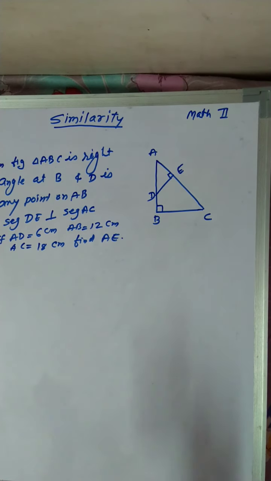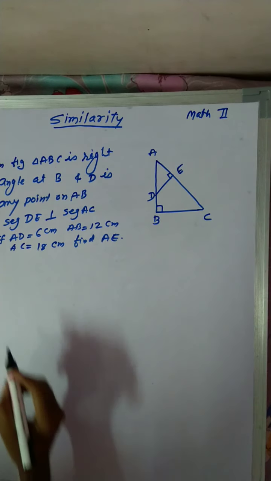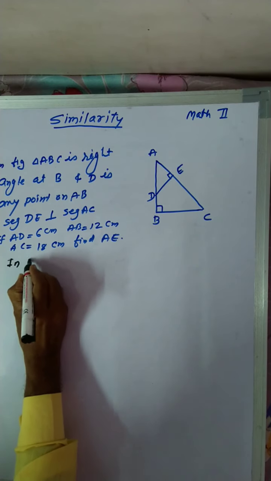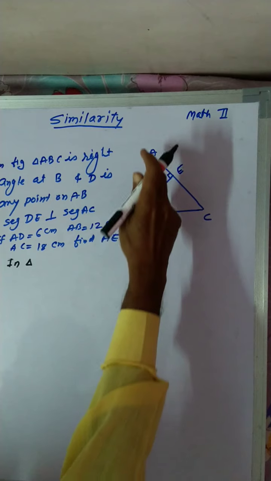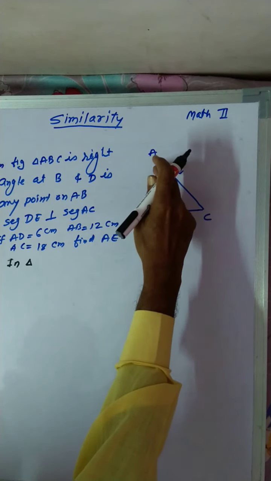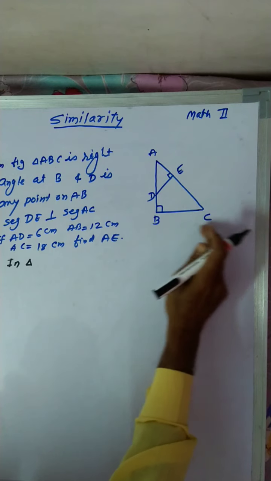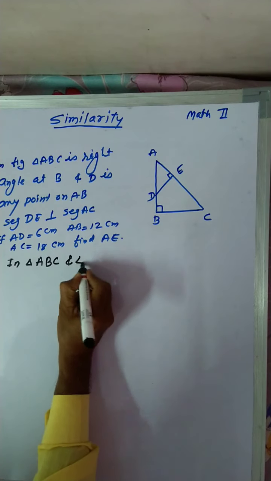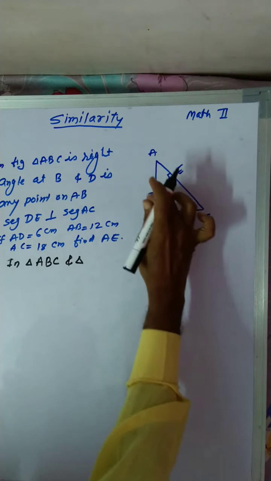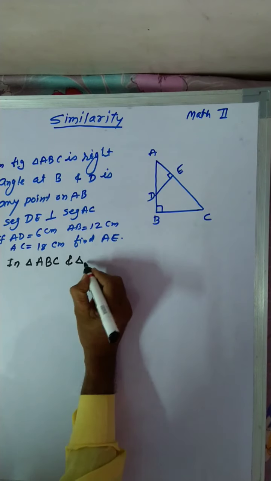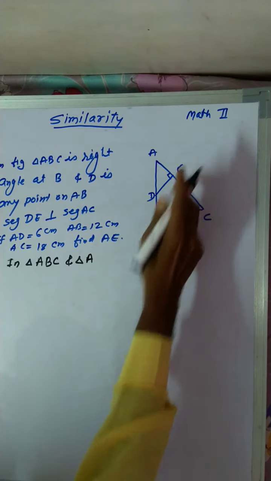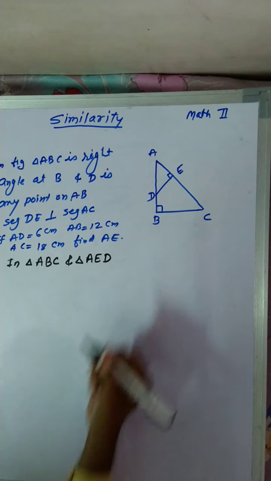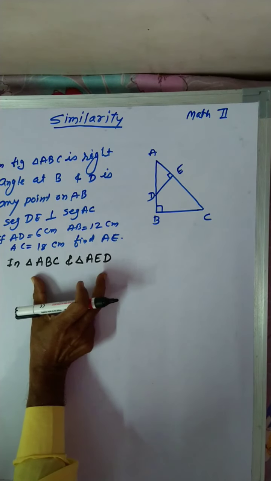For this, first we write the name of these two triangles by one-to-one correspondence. In the big triangle, which is common, I take first angle A, then the right angle and the remaining angle. Triangle ABC and triangle AED. In the small triangle, A is the common angle, then right angle E and the remaining vertex which is D. That means this is the one-to-one correspondence.